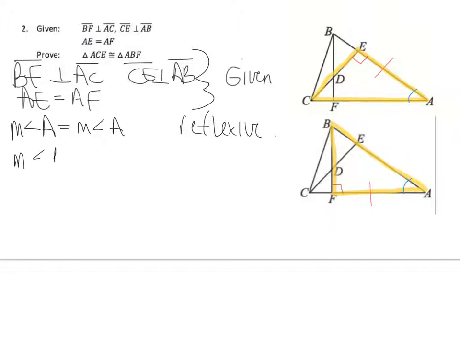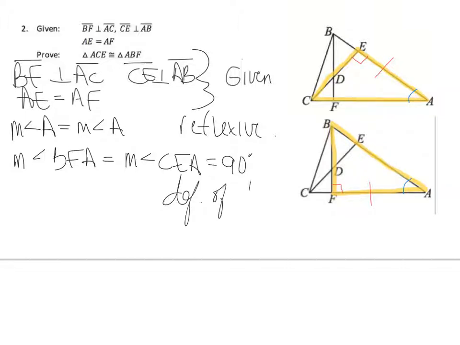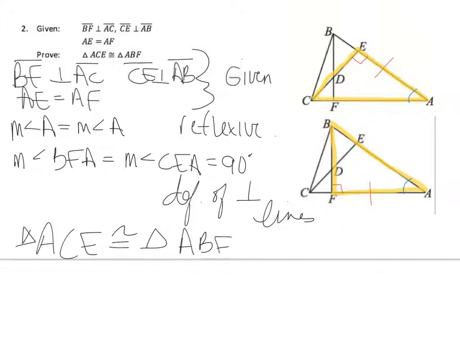The measure of angle BFA is equal to the measure of angle CEA is equal to 90 degrees, by the definition of perpendicular lines. And then we're done. Triangle ACE is congruent to triangle ABF because of angle, side, angle.